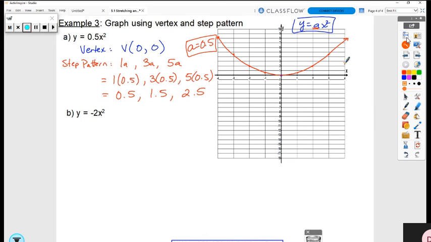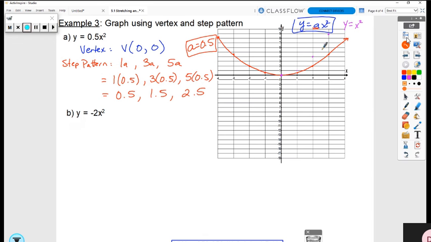Notice, this quadratic is a little bit compressed, don't you think? It looks like someone is putting pressure on it this way. Like it's much more wide. Would you agree with that? If we think about our parent function, y equals x squared, it shares the same vertex, but it's 1, 1, 2, 4, 3, 9.